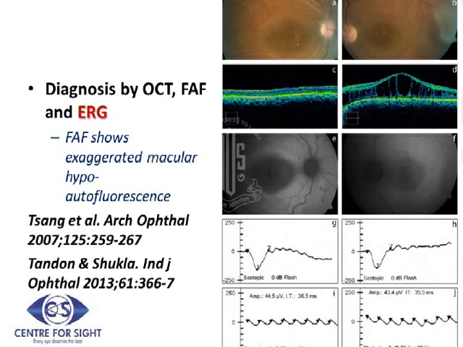Now I come to the autofluorescence, which is now the diagnostic aid in both macular telangiectasia and in XLRS cases. So here you see a central exaggeration of the hypofluorescence and a light halo, which indicates the progression of the disease. So this is a new landmark, and obviously the ERG is very typical, the negative ERG. This was reported earlier by Sang et al., and we published a case report in IGN about this.